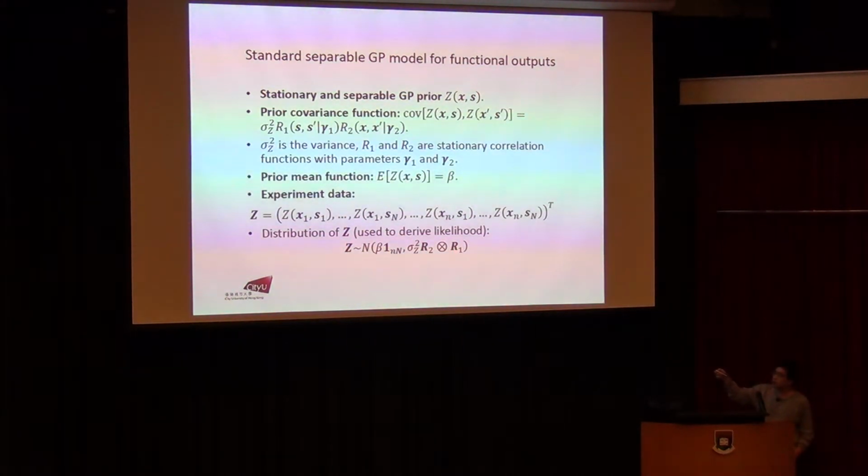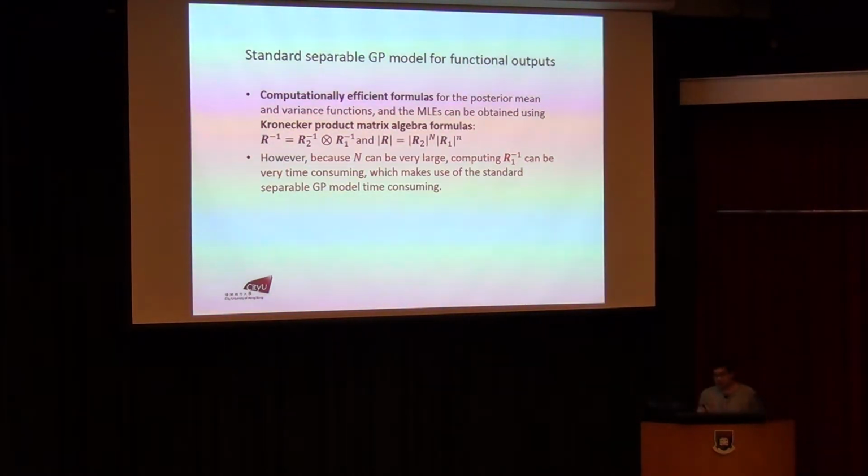R1 is the correlation matrix for these nodes, which gives the correlation between node points, and R2 is the correlation matrix that gives the correlation between experiment design points.